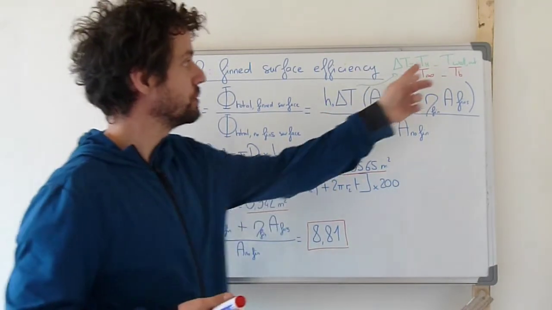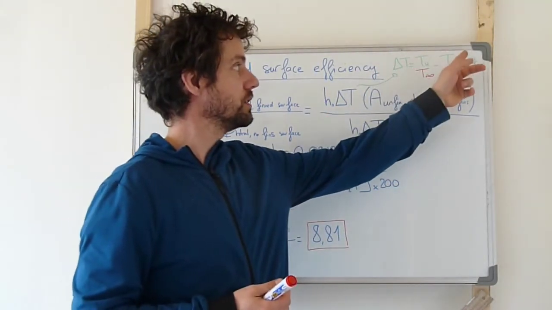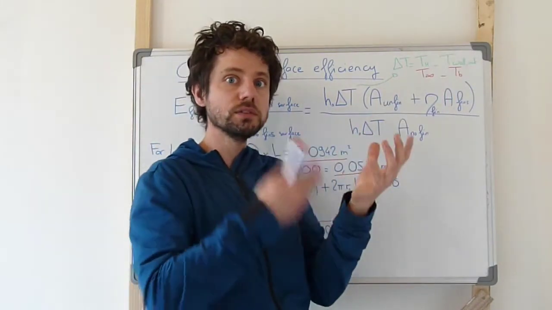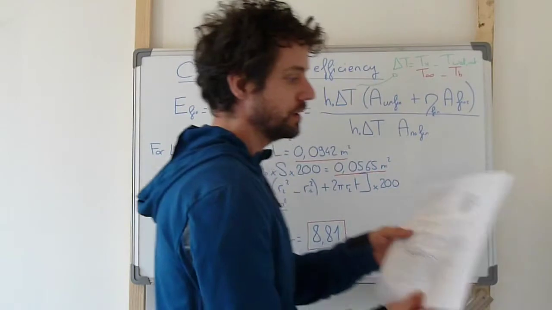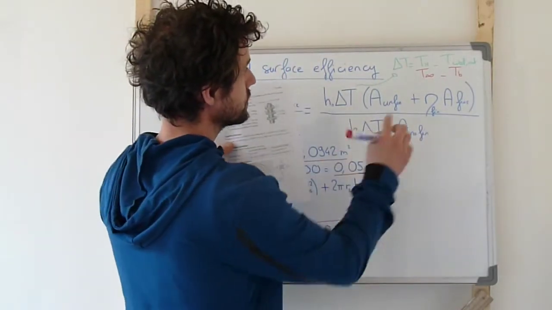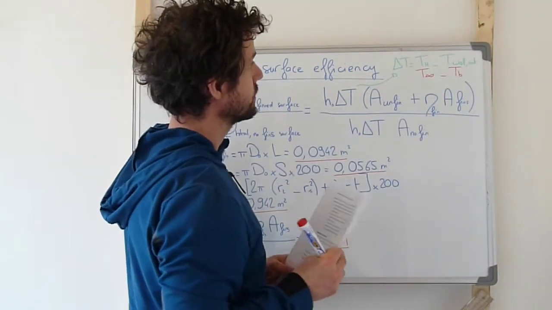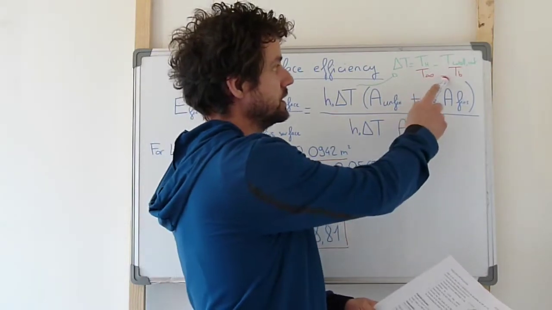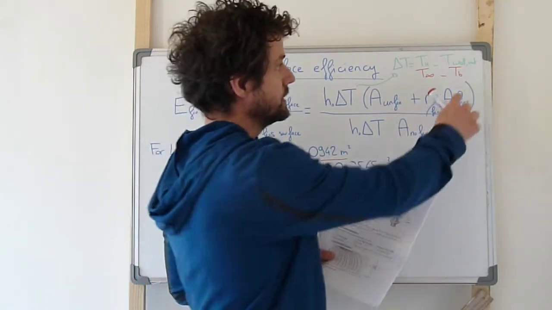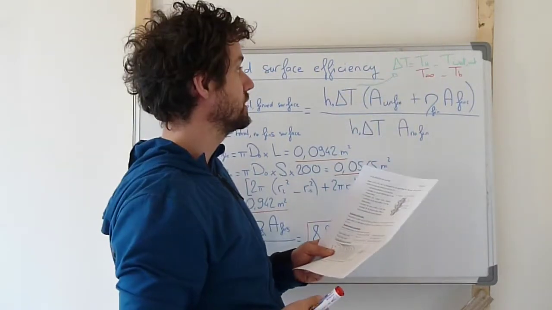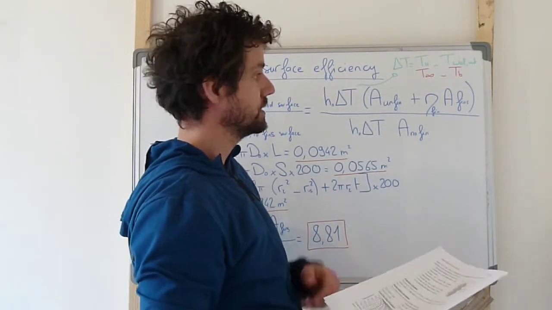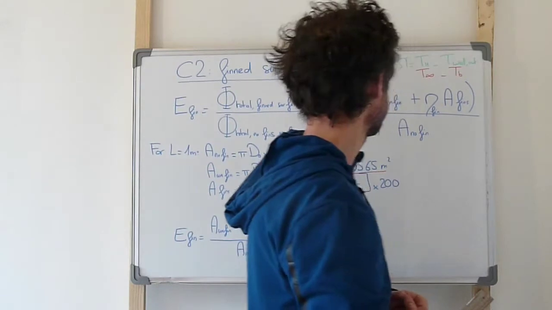With the first nomenclature, it's T_hot minus T_wall outer surface. But with the little schematic you have there, it can also be written T_infinity minus T_B, where T_B is for the base and infinity is for the temperature of the fluid far from the surface.